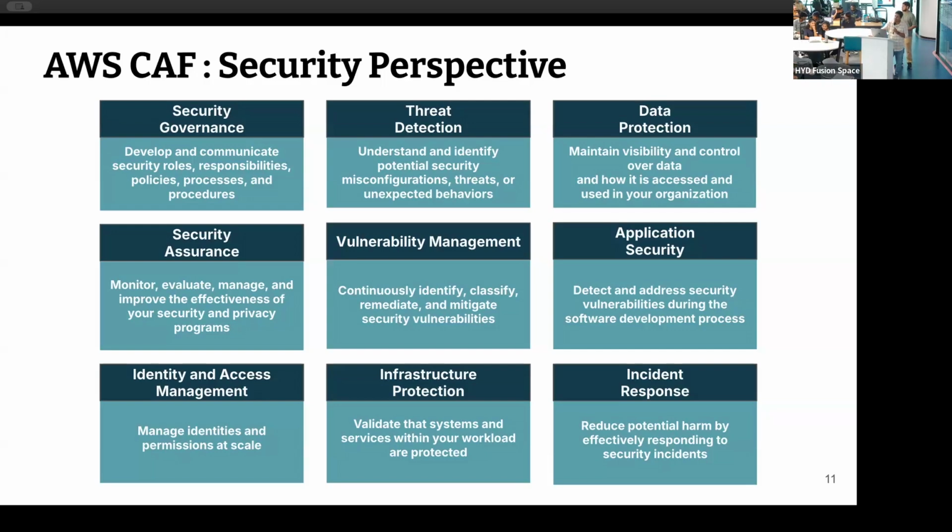So if you are part of a regulated industry like PCI and you're storing credit card information, you need to set up more stringent rules and guardrails which control unauthorized access to card data. It should not be leaked. Versus any public data like your website images, those are more of public data, so you have a different set of guardrails for that. So you need to know how to protect your data.